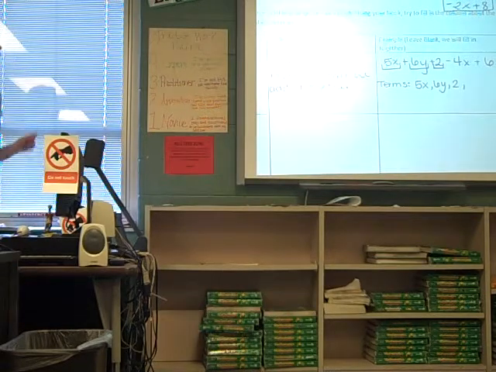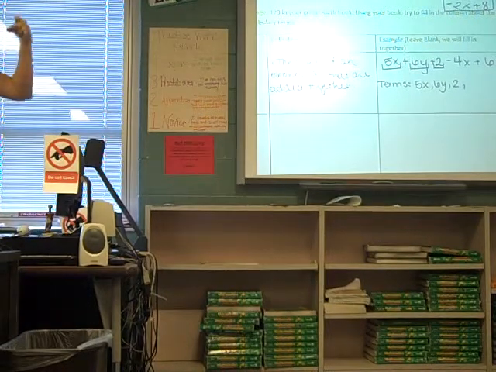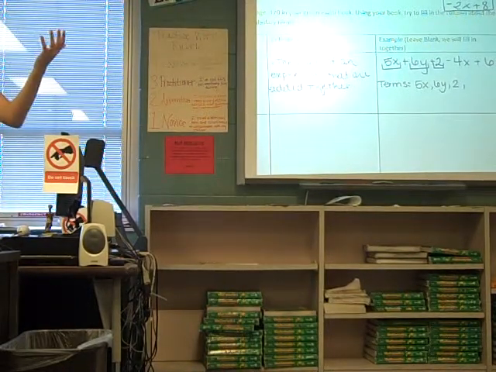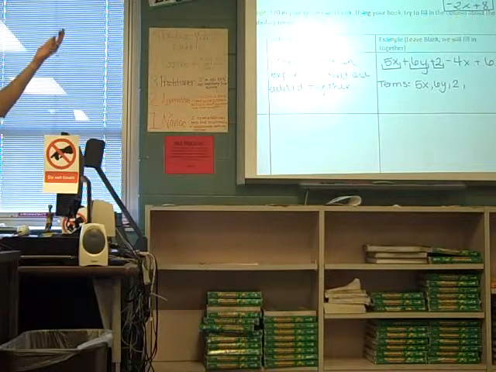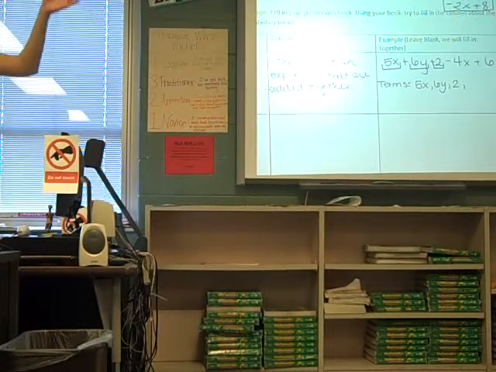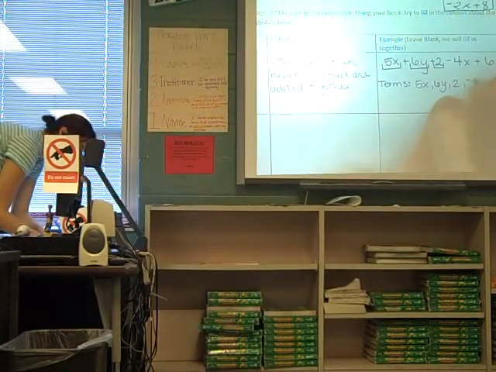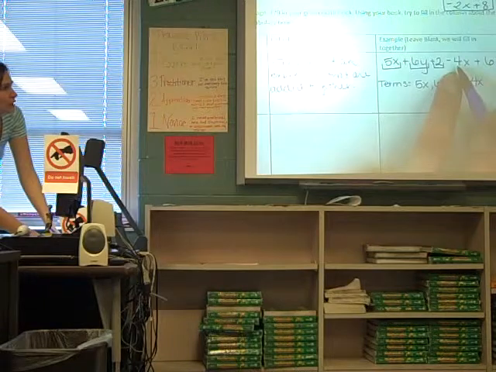Now, with this 4x, it's not being added. But could I change that subtraction to addition so that it would be adding? Yeah. Well, if I'm subtracting 4x, that's the same as adding a negative 4x. So my term is just negative 4x. So you don't actually have to change that to addition.